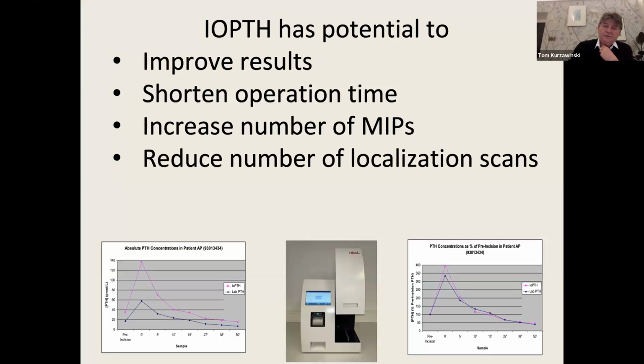It has a potential to reduce the number of localization scans because, again, it will give surgeons confidence to operate on the strength of just one scan rather than trying to achieve concordant findings. And eventually it will reduce the costs.